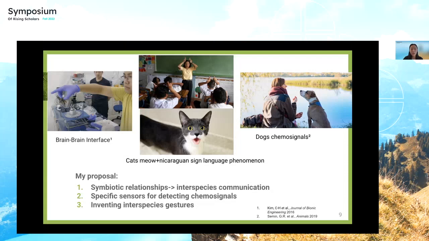Therefore, gesture could serve as a middle ground between different species.